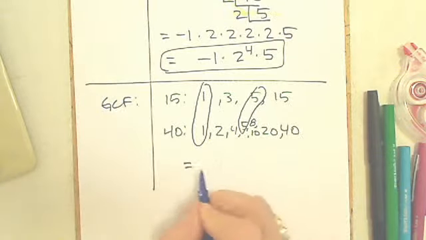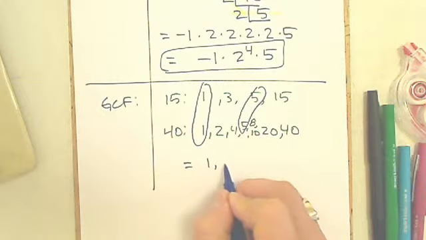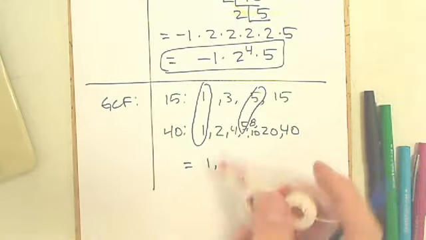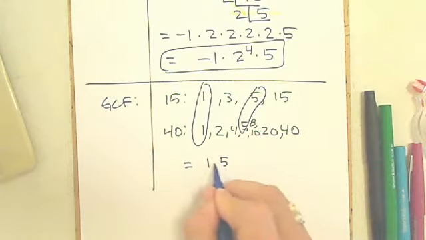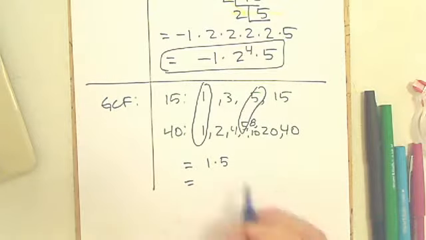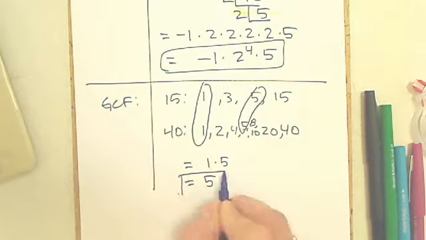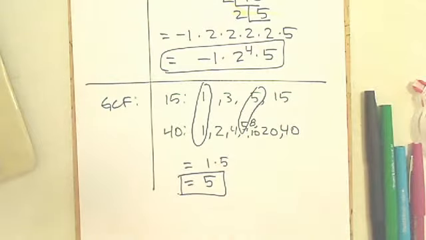What are those numbers? 1 and 5. What's 1 times 5? GCF is 5. Again, this is another way to show greatest common factor. Most of y'all should be able to look at that and go, 5 is the common factor, highest common factor, greatest common factor.